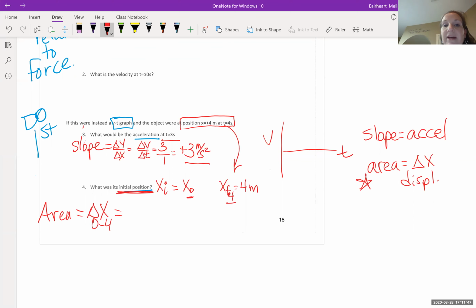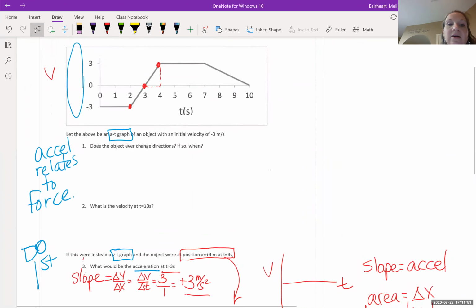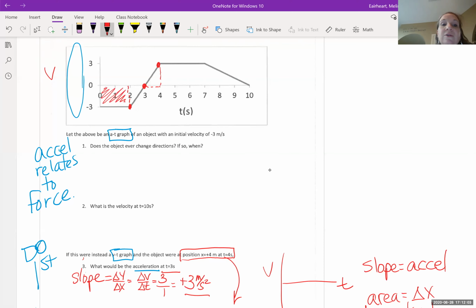And so going back up to the graph, we've got a couple different segments. Now I'm going to show you a little handy trick that you can use when doing area. And so we see the first one, 0 to 2 seconds, is a rectangle. Base times height, I've got the base of 2 and a height of -3.